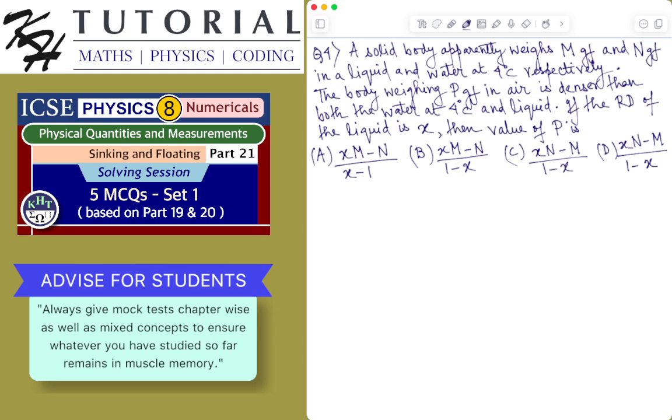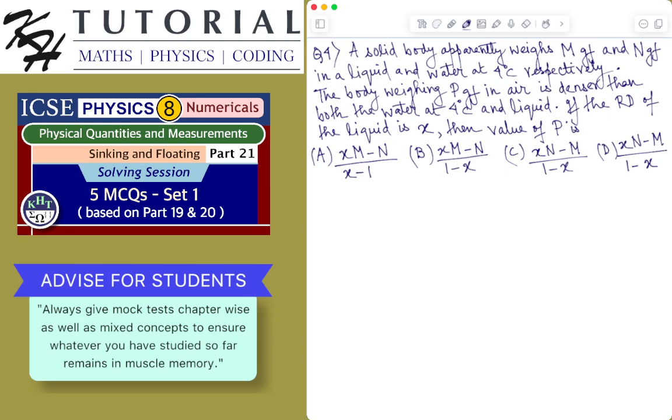We know how to find the relative density of a liquid using a solid body whose weight is W, and from the fact of its apparent weight in both the liquid and water at 4 degrees centigrade.